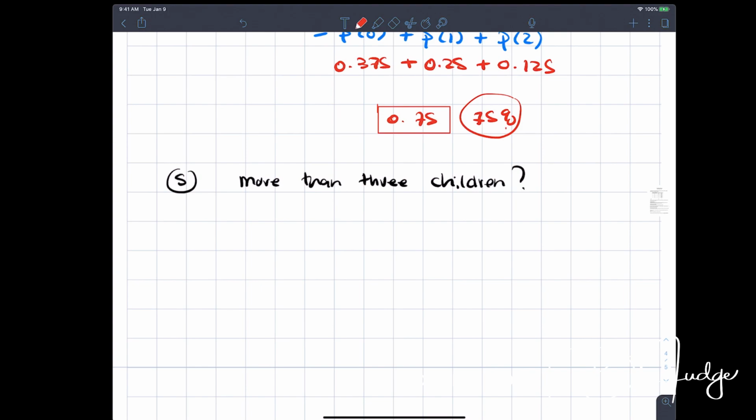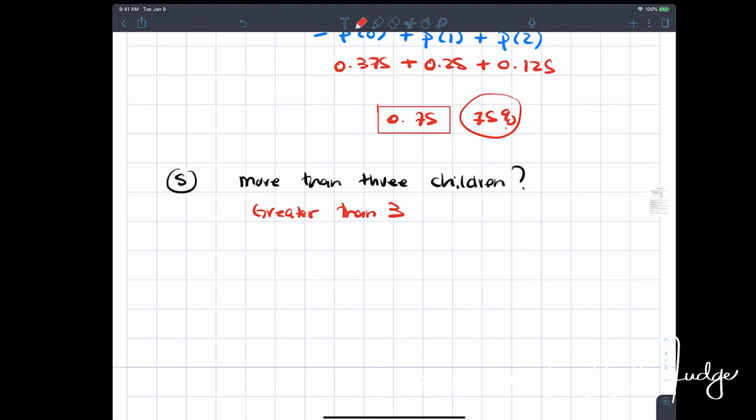More than 3 means what? It means greater than 3. And here's something that's interesting, right? More than 3 means greater than 3, larger than 3.